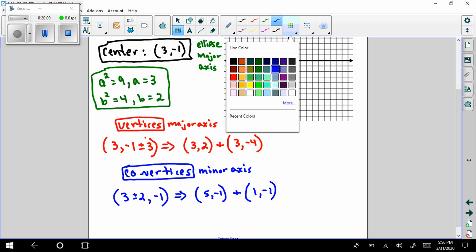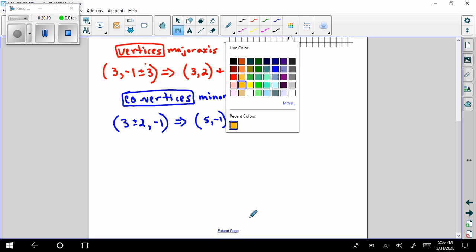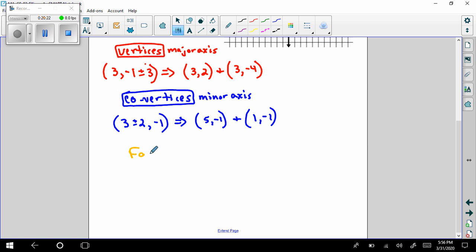Okay, so last thing I need is my foci. That's where I use my C value. So first thing I've got to calculate is what C is equal to. C squared is equal to A squared minus B squared. So C squared is equal to 9 minus 4.